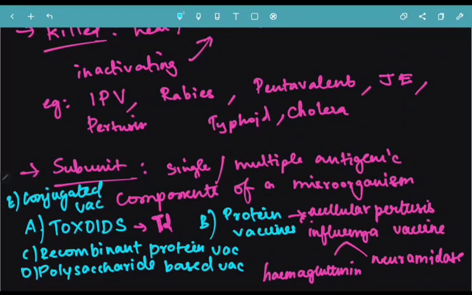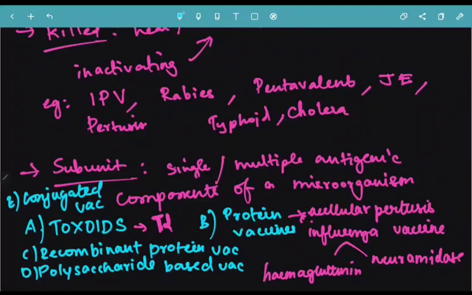Again, revising: under subunit vaccines you have toxoids, protein vaccines, recombinant protein vaccines, polysaccharide based vaccines, and conjugated vaccines.